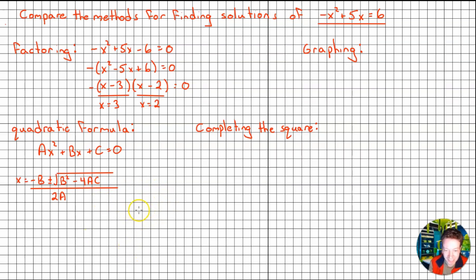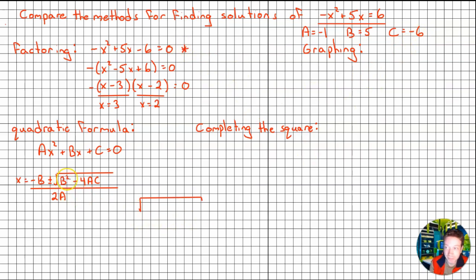Let me do this on this side here. We'll just look at the square root. So a is going to equal negative 1, b will equal 5, and c, when we bring it over, will be equal to negative 6 when we write it in this form right here.